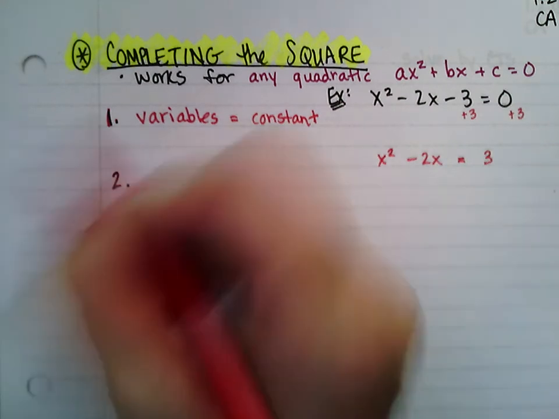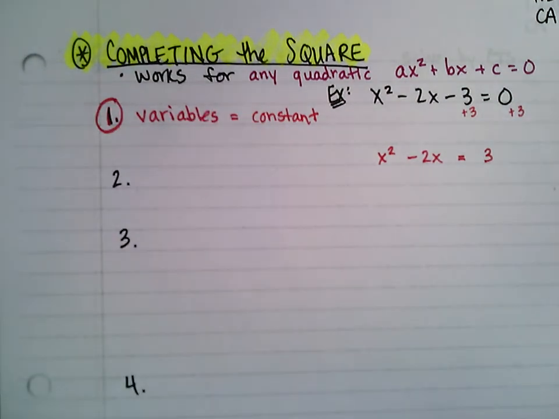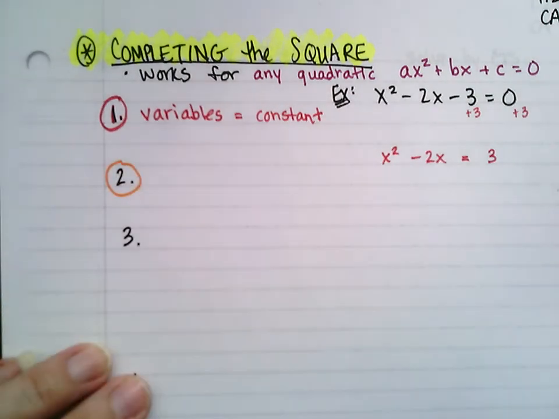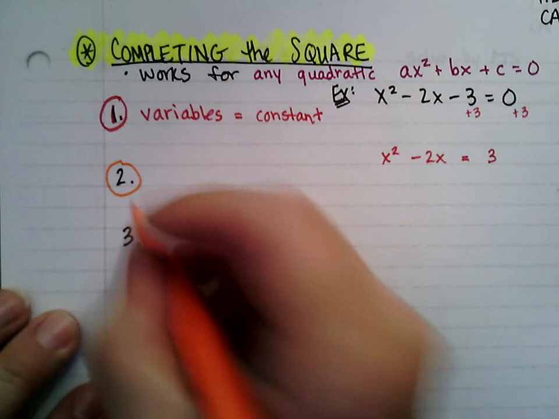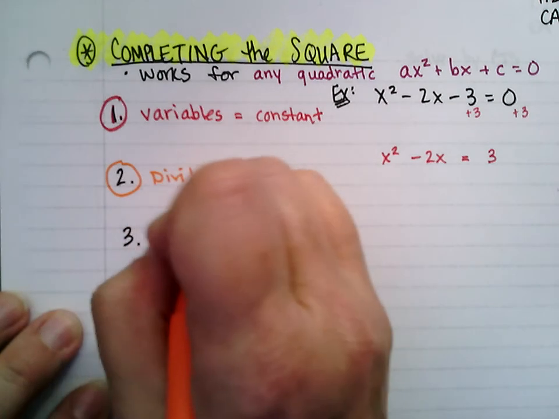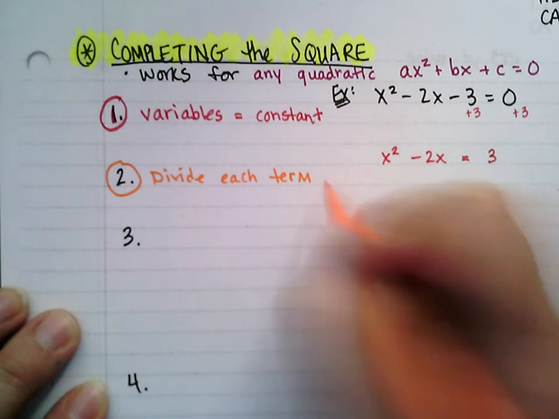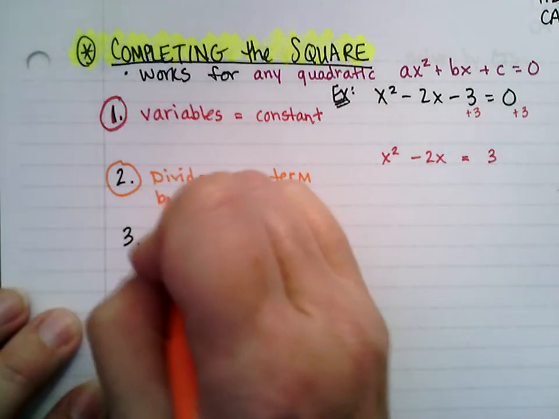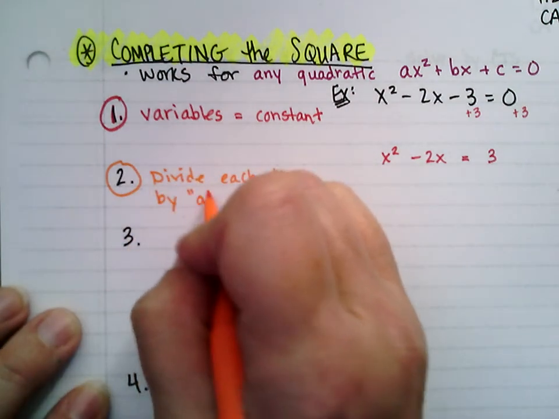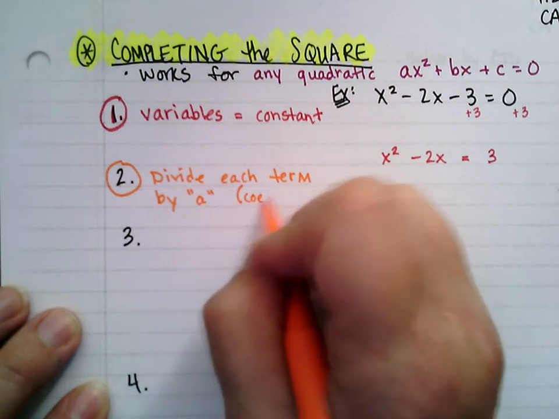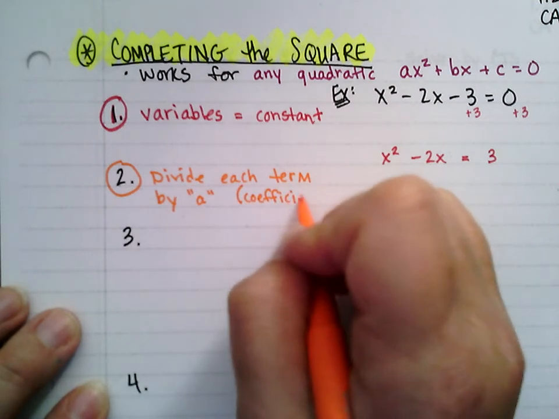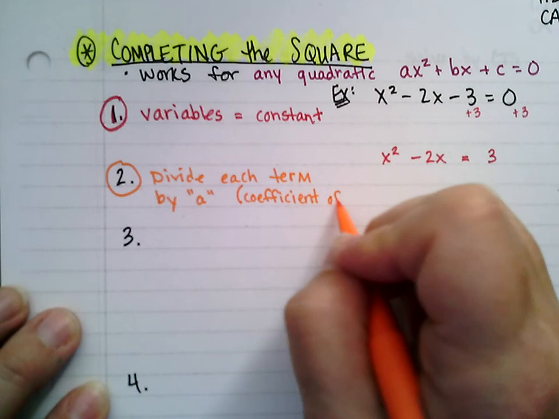Step 2. In step 2, we're going to divide each term by a. That's the coefficient of x squared.